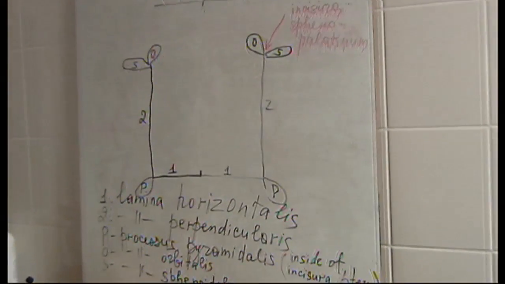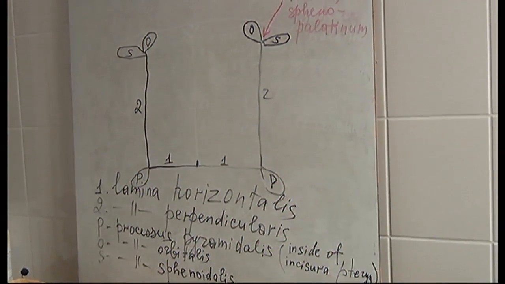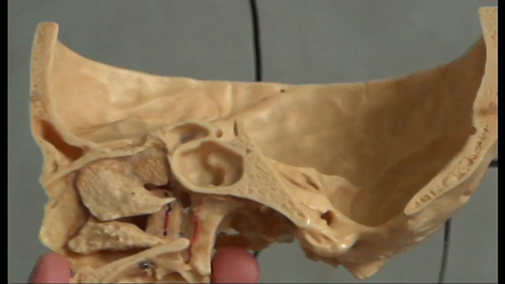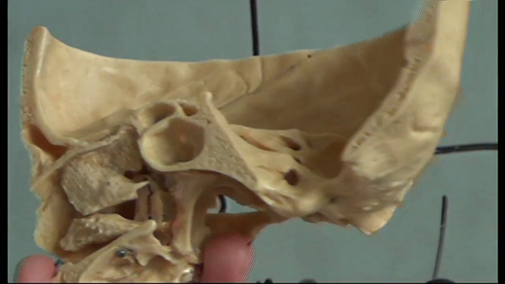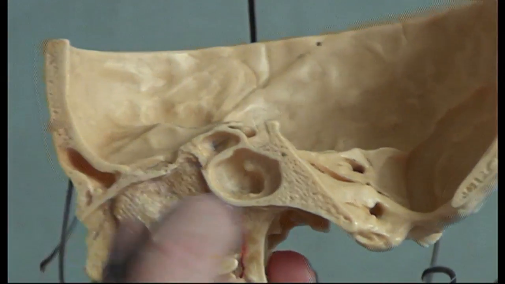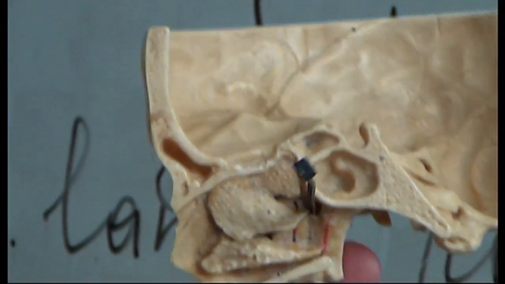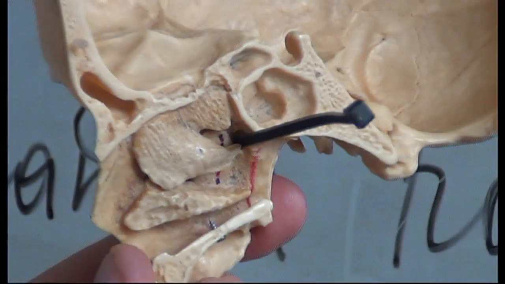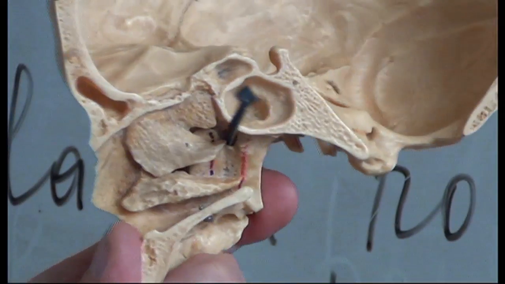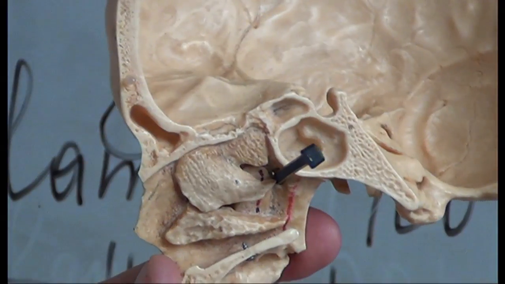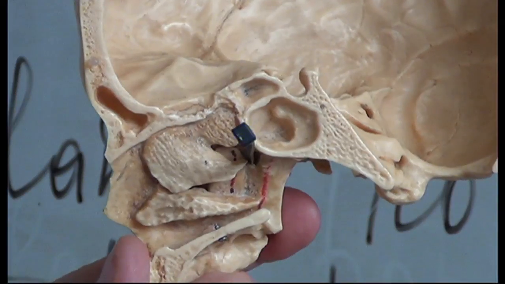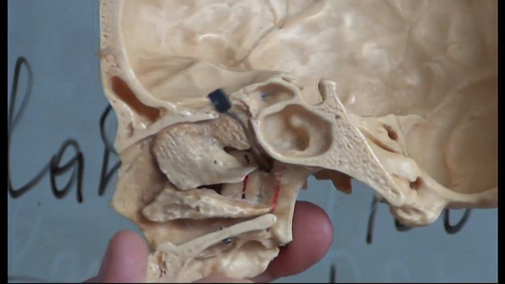But now, if I use the medially cut skull, we find here not incisura sphenopalatina, but foramen sphenopalatinum. In the skull, it isn't an incisura, but a foramen.